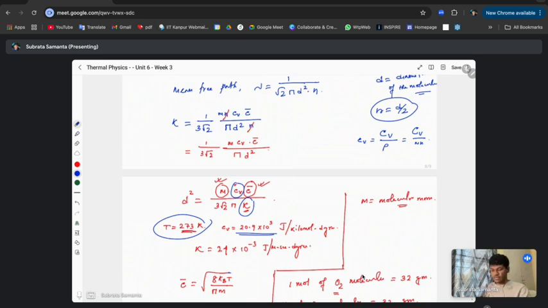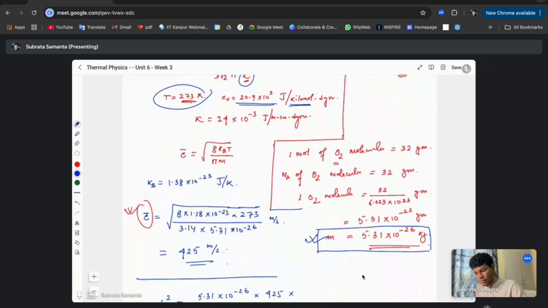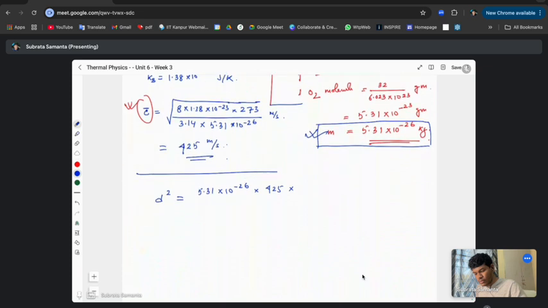Now here is a catch. 20.9 times 10 to the power 3 is joule per kilomole, right? So I converted it into kg. 20.9 times 10 to the power 3 divided by 32.